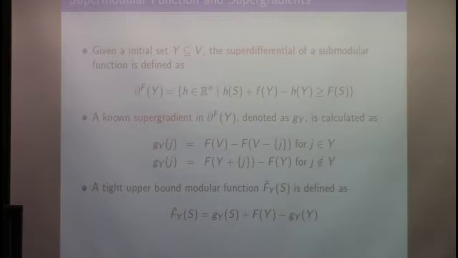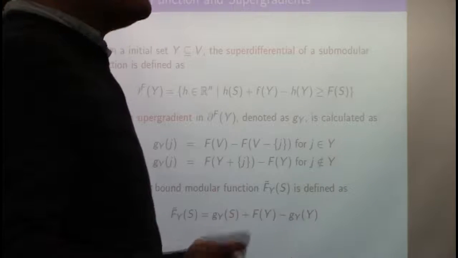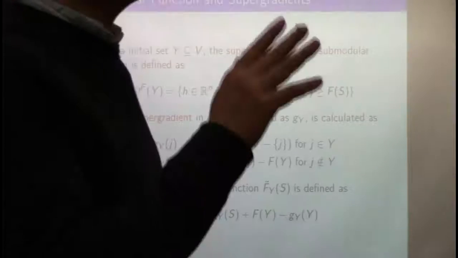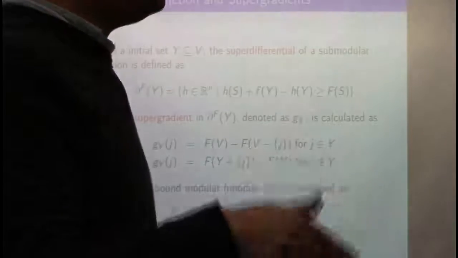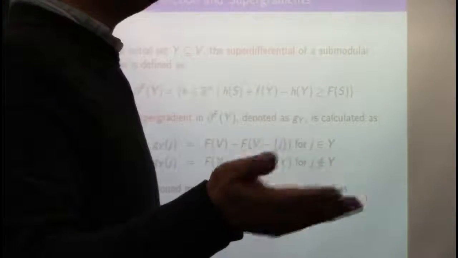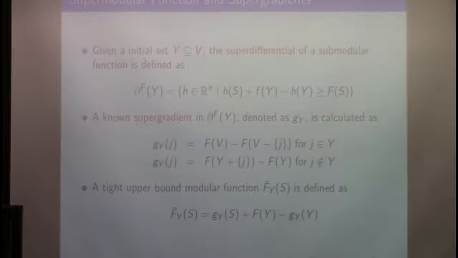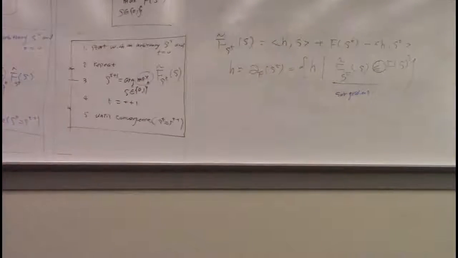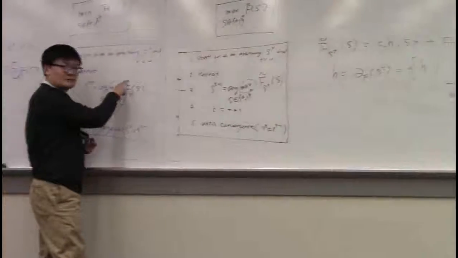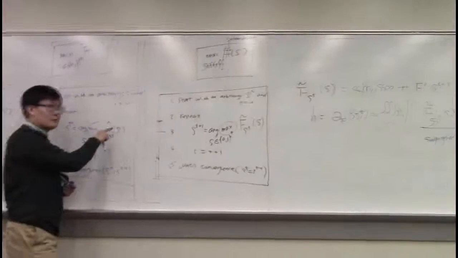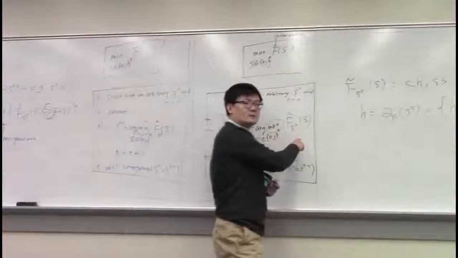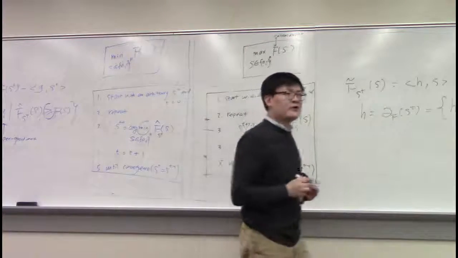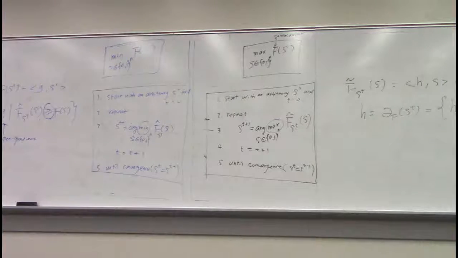So the difference is replace subgradient with supergradient. Replace maximization with minimization. So this is maximization, right? And then this is minimization, right? And again, we use hat to represent upper bound, tilde to represent lower bound. Okay? To differentiate.